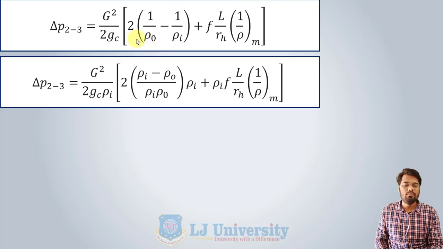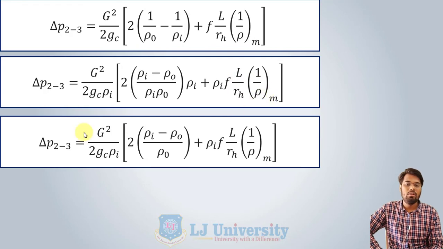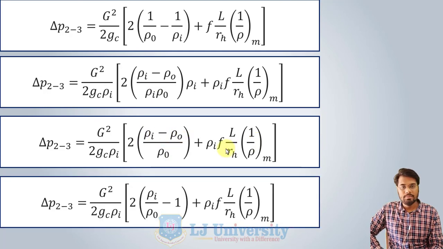Now, further simplifying this equation, taking rho I as common. Multiplying by rho I and dividing by rho I, in the bracket multiplying these two terms with rho I, we get rho I minus rho upon rho I into rho I, plus rho I f L by RH 1 upon rho mean. So this rho I and rho I will be cancelled out. What will remain in the bracket is 2 times rho I minus rho upon rho, and the remaining term as it is.